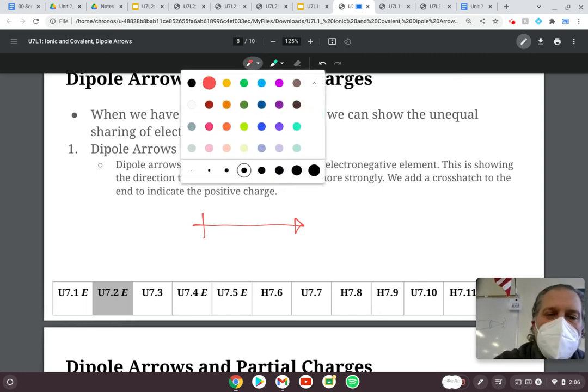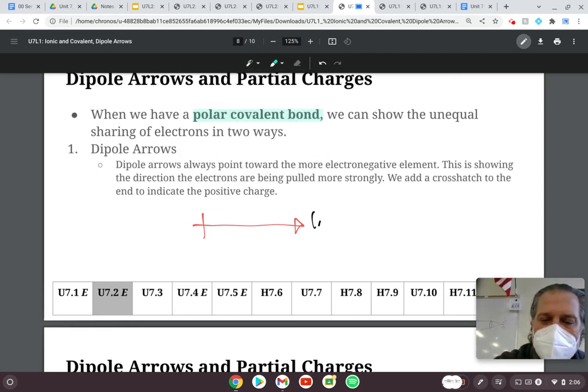The tip of the arrow is the more negative side. It's also where the electrons in the bond are pulled.